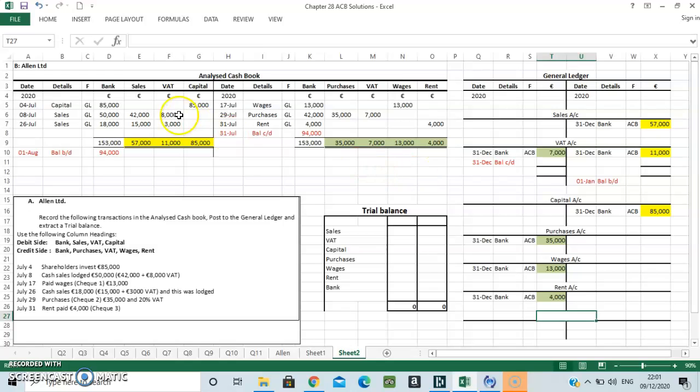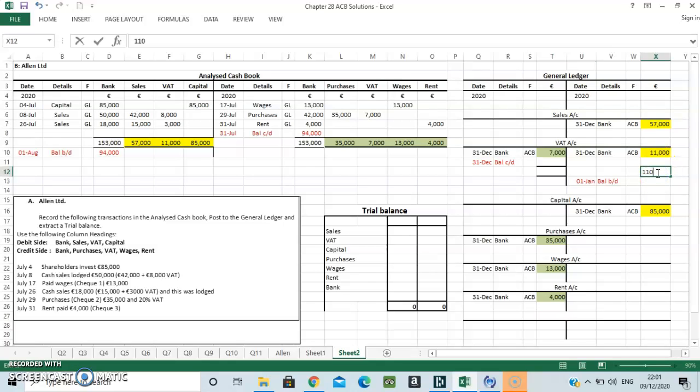Now we have all of our bank information and all of our analysis columns transferred, double entered to the general ledger. All of these accounts in the general ledger except one have only a single entry, so therefore the side and the balance is self-evident. However, with the VAT account, it actually has two, so we do need to balance this off.